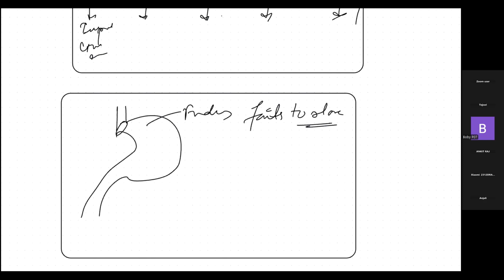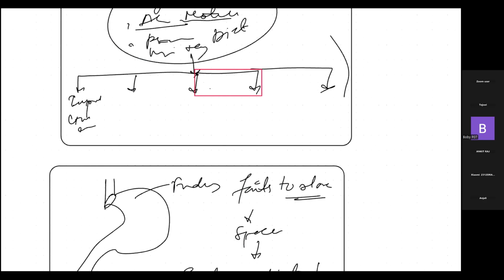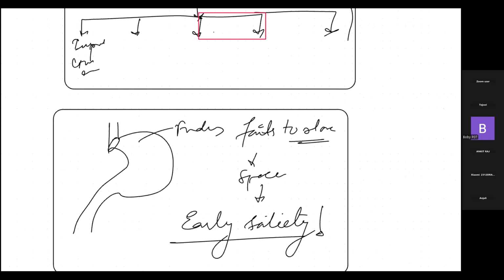If the fundus fails to relax, the space will reduce, so less accommodation can be done, you can't take more food. So you will be having early satiety. So the first thing is that it will impair the gastric accommodation, because the fundus fails to relax. Another thing that is possible is delayed gastric emptying.